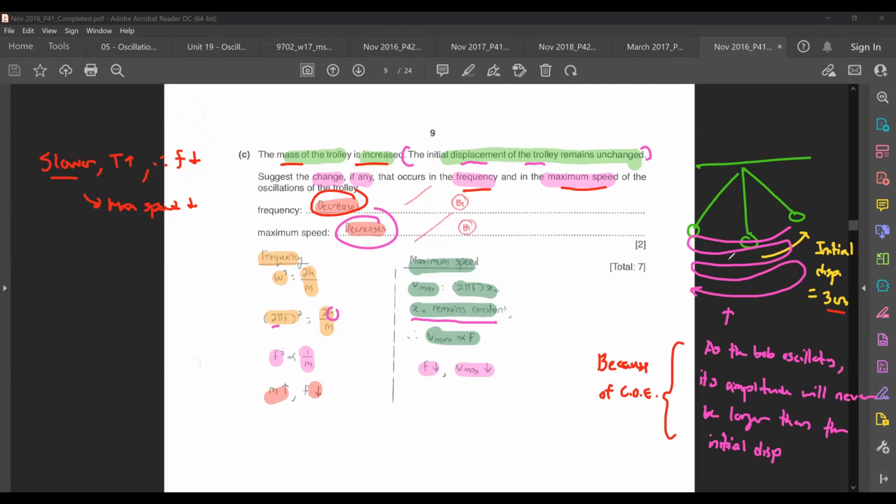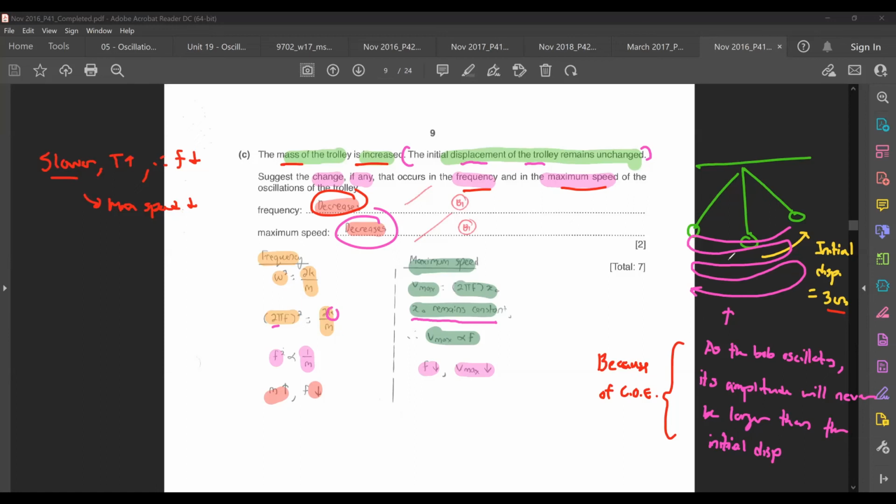If let's just say your pendulum bob suddenly has an amplitude more than the initial displacement, say maybe 5 centimeter, this would have meant that your pendulum bob somehow gained energy during its oscillation, which should not be the case here. When you initially displace your pendulum bob and then release it, there should be no other energy input to your oscillations.